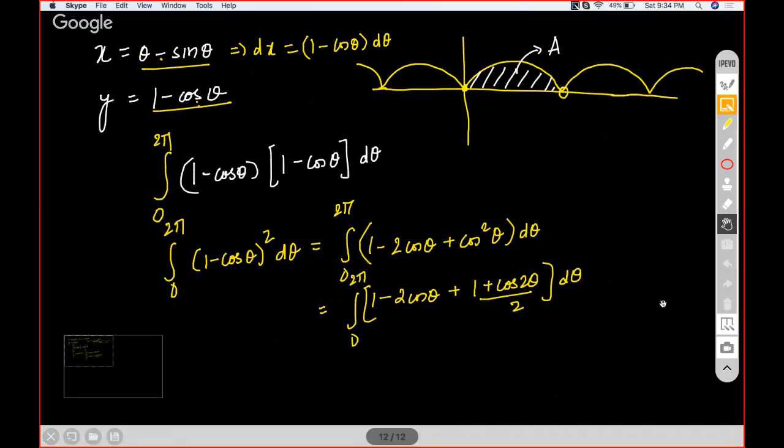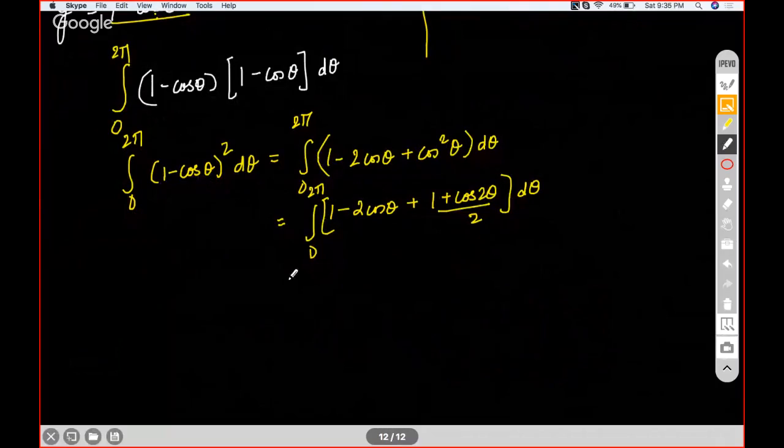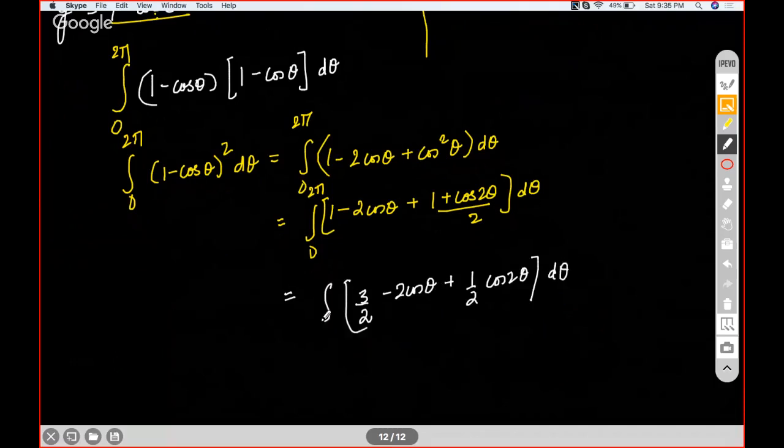Instead, we have to convert them to higher angles of trigonometric ratios. So half plus 1 will be 3 by 2, minus 2 cos theta plus half cos 2 theta. Integrating, that gives 3 by 2 theta minus 2 sin theta plus half.